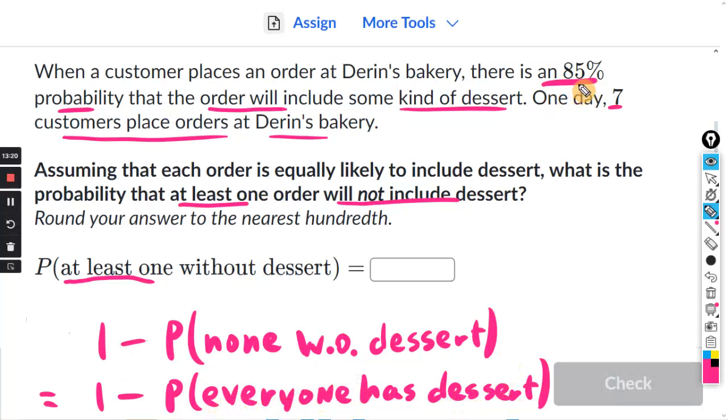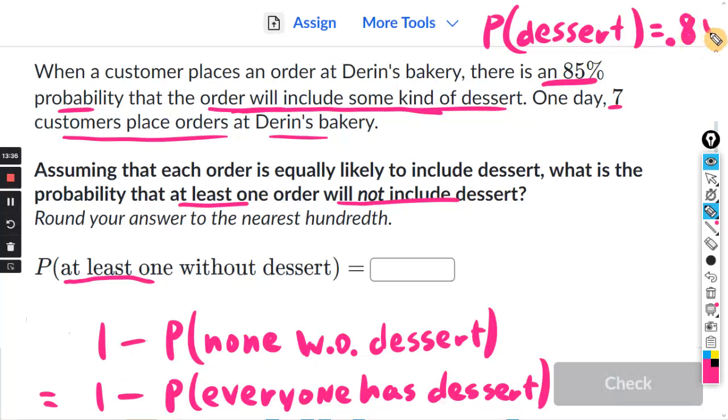So the chance of getting a dessert is 85%. Okay, so the probability of getting dessert is 85% or 0.85. Make sure you convert all these to a decimal. Okay, 0.85 is the probability of getting dessert. We want everyone having dessert, and there's going to be 7 customers.